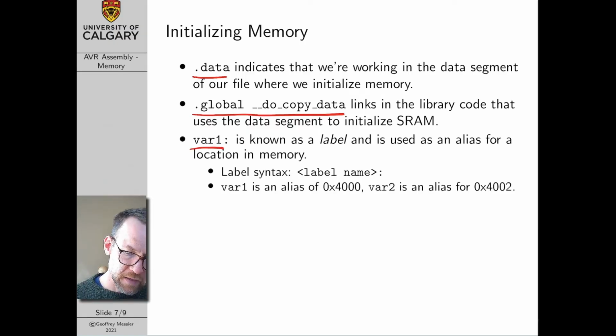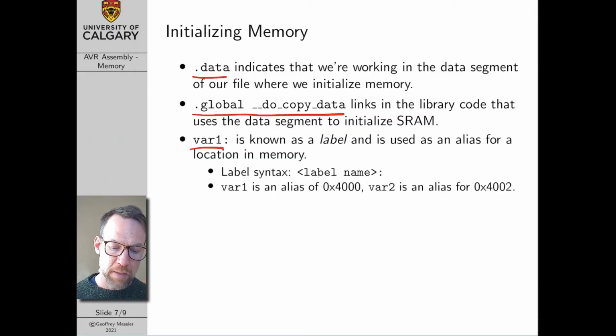We've then seen that in data memory we can use a series of what are known as labels. And remember, a label is just an alias for an address. So a label just represents a location in data memory. The very first label we put in data memory has address 4000, and then the addresses represented by the other labels depend on how much memory each label initializes.